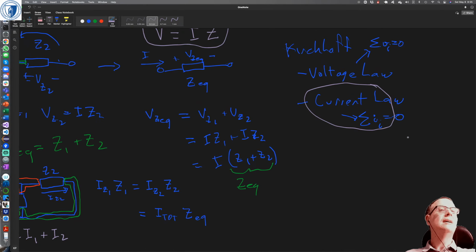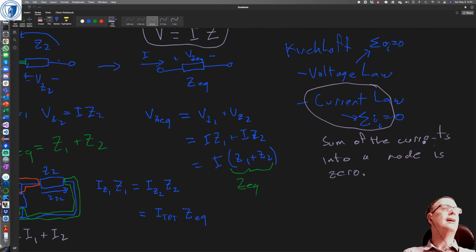One way is to say the sum of the currents into a node is zero. Right? That's one way to say it.